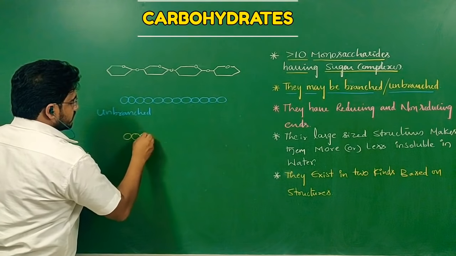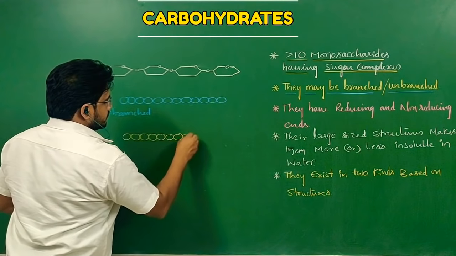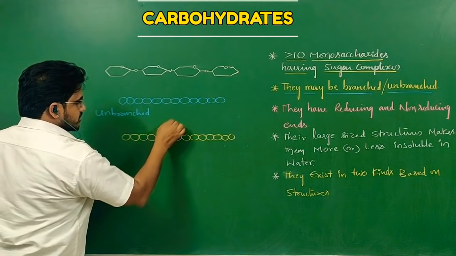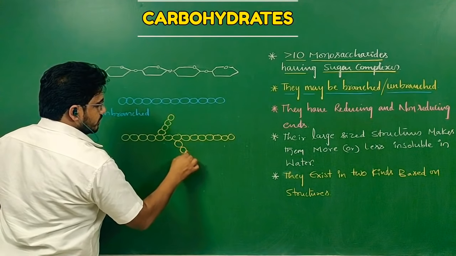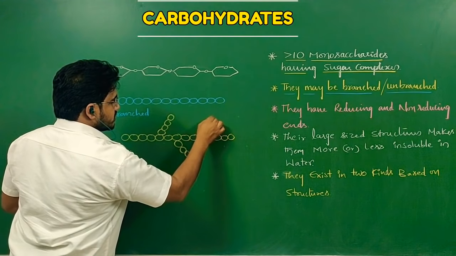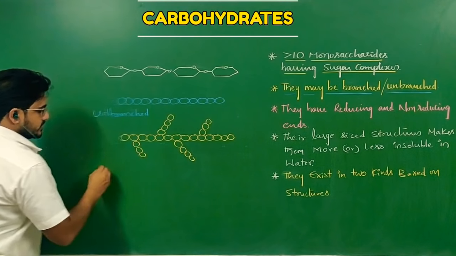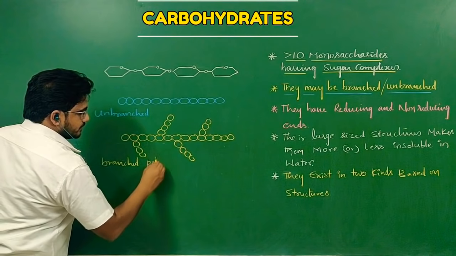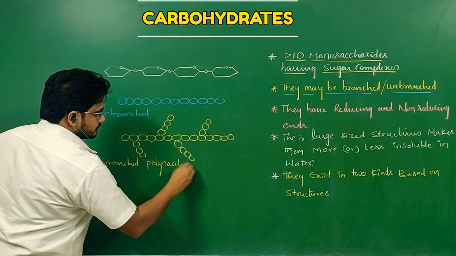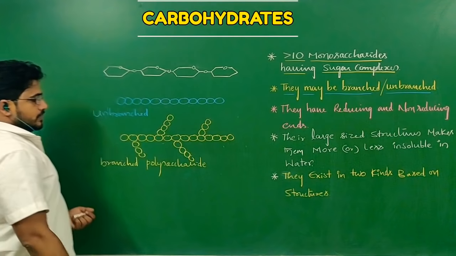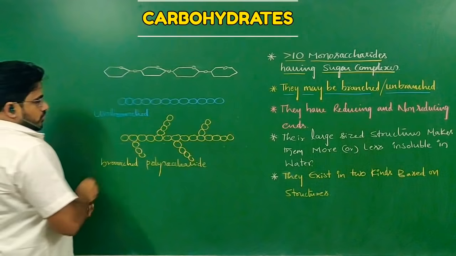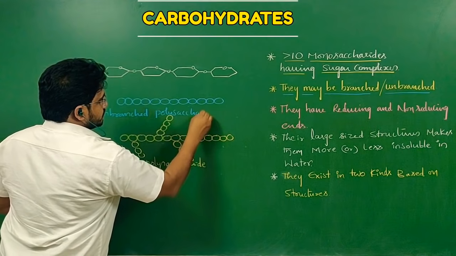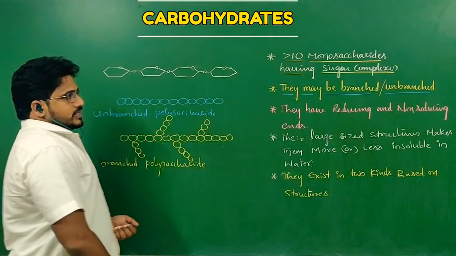In this case, they show some branching structures laterally, with chain-like structures. This is a branched polysaccharide. Let us see their examples at the time of classification, not now. So this is an unbranched polysaccharide. That is what we are presenting as the second point.